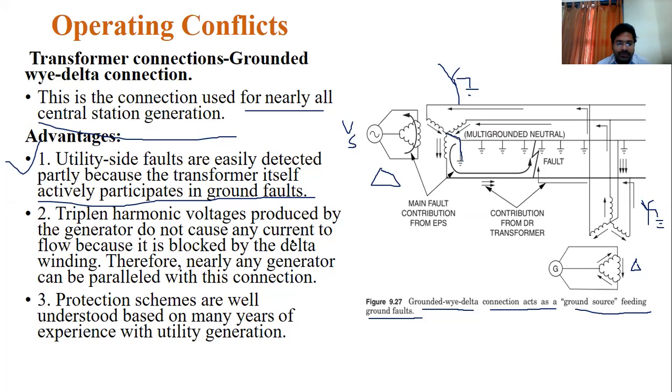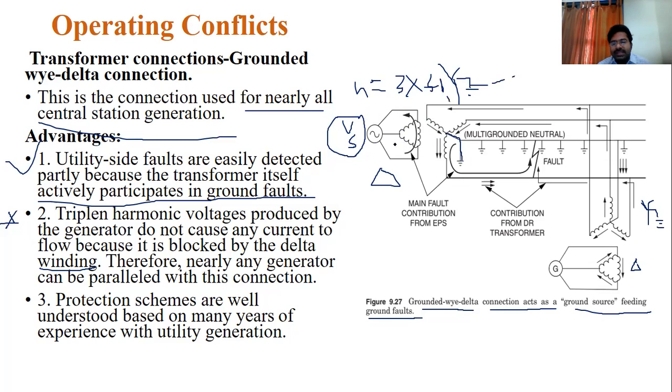So one advantage is that it can actually detect some ground faults. The second advantage is that the triplen harmonic voltages produced by this generator do not cause any current to flow, because it is blocked by the delta winding. The generator produces triplen harmonics, of order H equal to 3, such as 3 into 50, and so on.